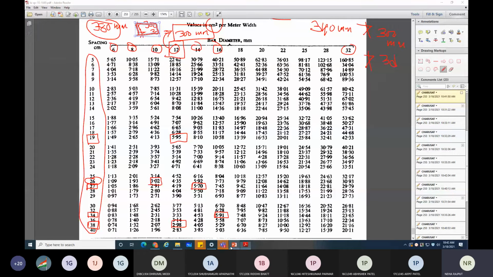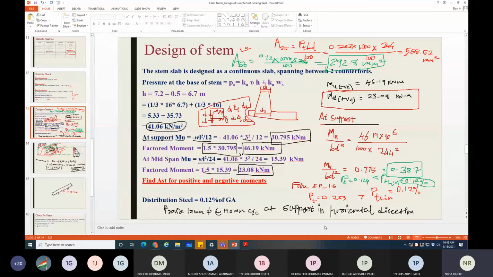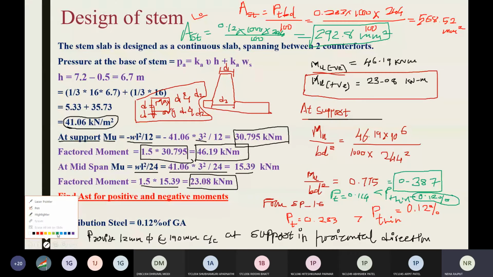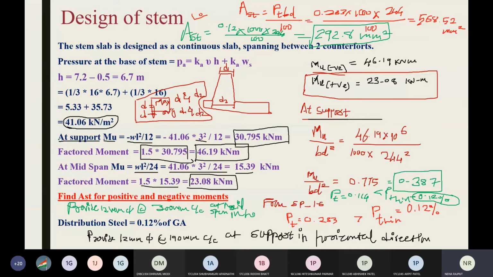So again I am writing over here: provide 12 mm diameter at 300 mm center to center at mid span in horizontal direction. These reinforcements are also horizontal direction reinforcement.